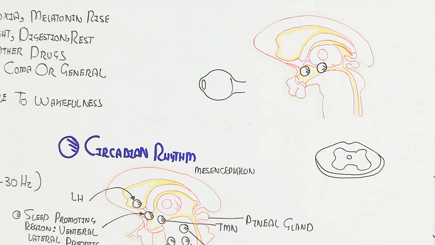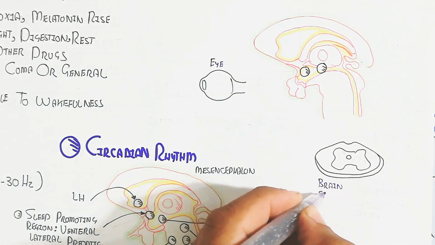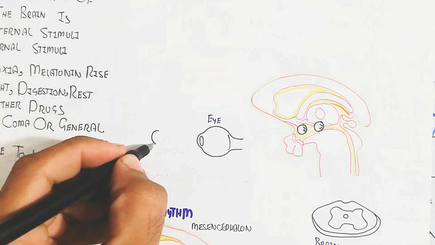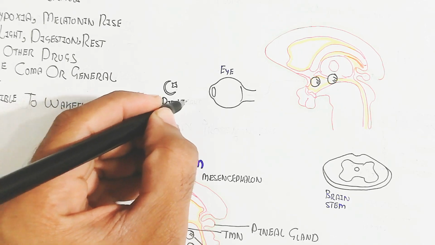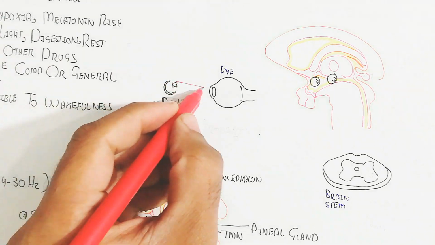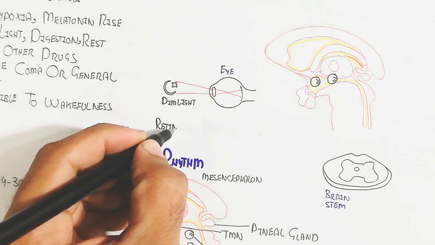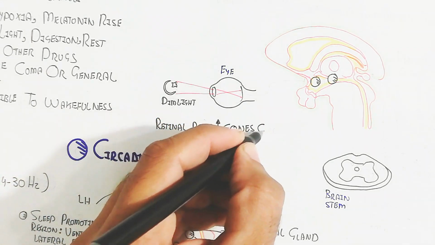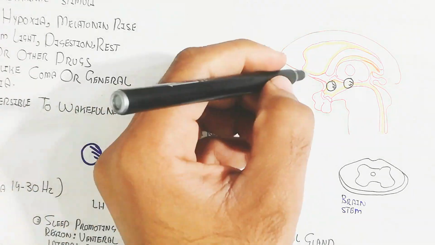Let's begin to understand melatonin and how it is produced. Here is the brainstem, this is the spinal cord, and the mesencephalon and the limbic system. Here you can see that dim light during the night time activates the retina's rod cells. The retina rod cells are activated and cone cells are inhibited, because the dim light sensor is the rod cell.